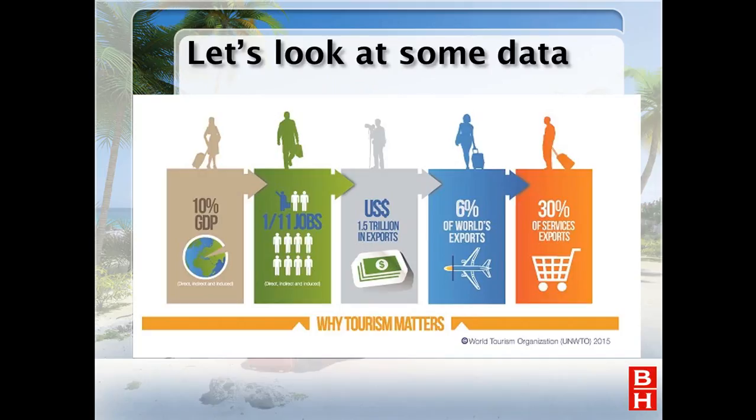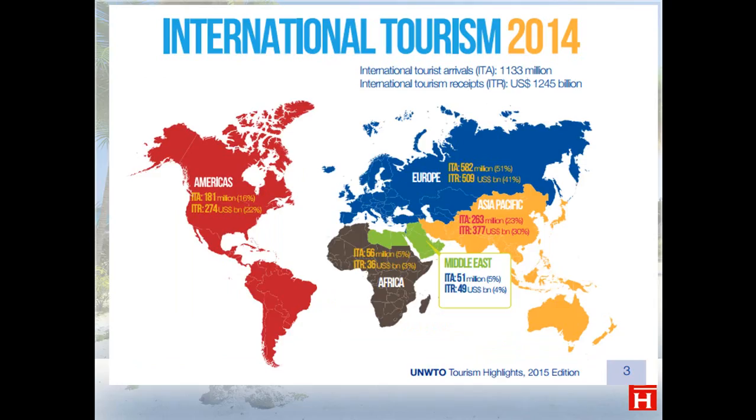Let's look at some stats here. And one important one that you need to remember is that 1 out of 11 jobs in the world are related to tourism. Tourism constitutes 10% of the world GDP. Okay, so these are pretty impressive numbers. Let's look at some other numbers. In terms of ITA and ITR, international tourist arrivals, that means the number of people who travel to a destination.